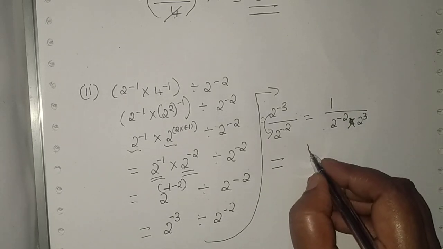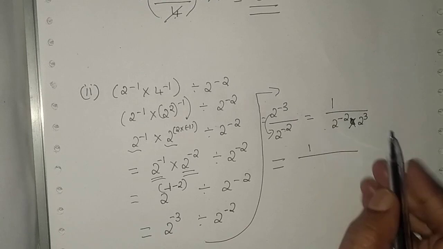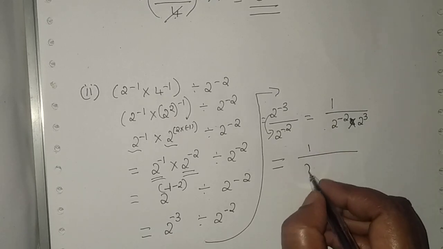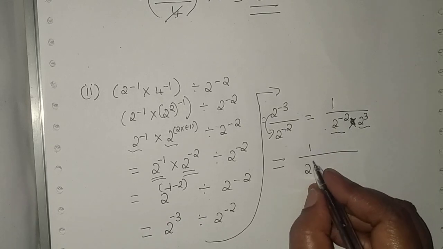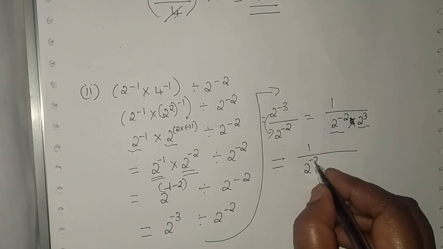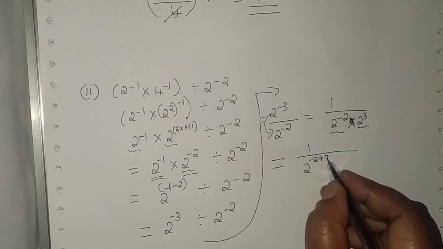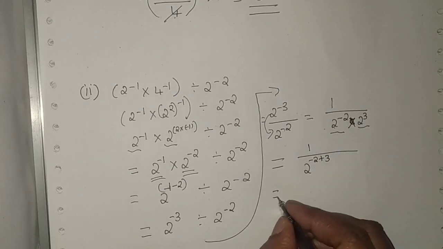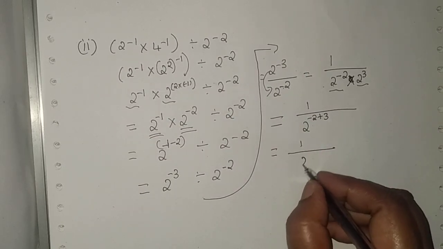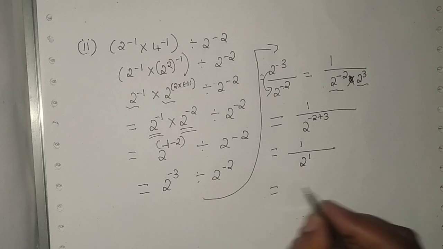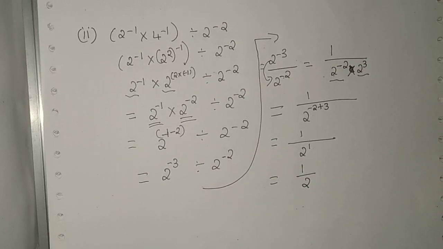You should be careful with the signs. Since the base is common, we'll take 2, then minus 2 plus 3, which will become 1. Therefore 2 power 1 is 2. 1 by 2 is the answer.